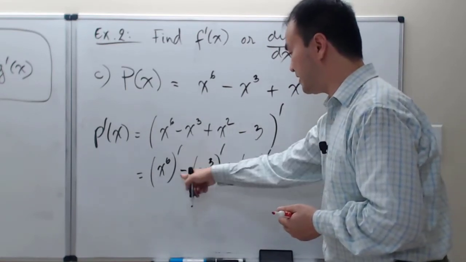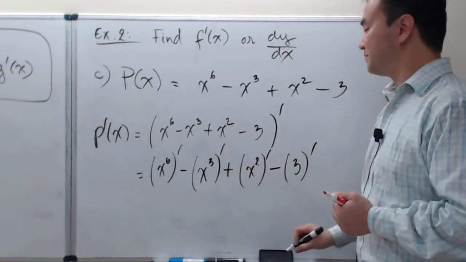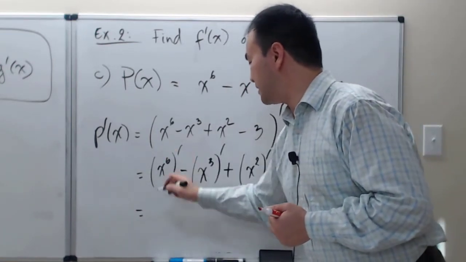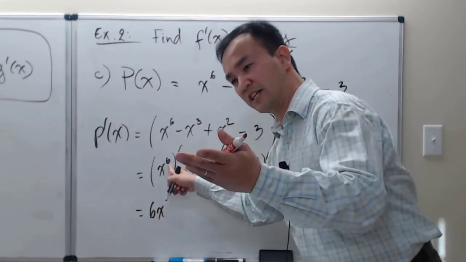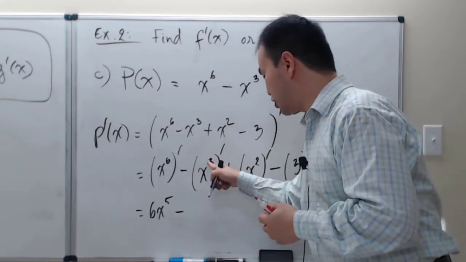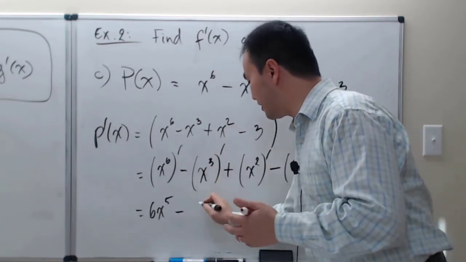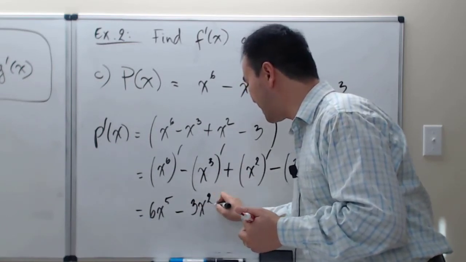So difference here, sum there, and difference here. The first term gives me the derivative 6x to the 6 minus 1 power, 5, minus, now x cubed, the power here is 3 in the derivative, 3x to the 3 minus 1 power, 2.